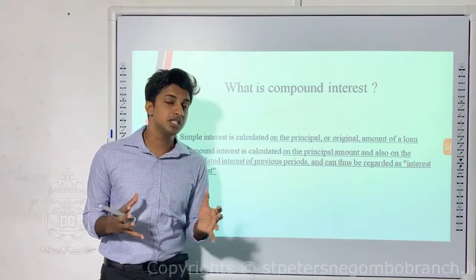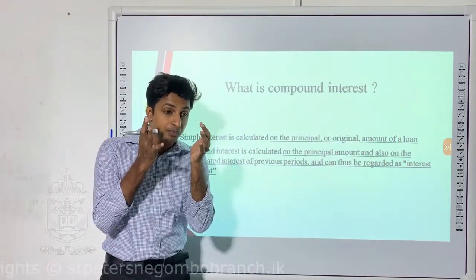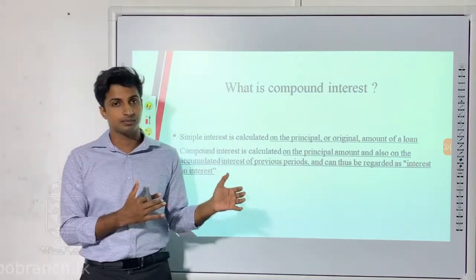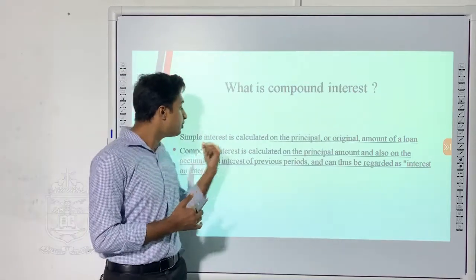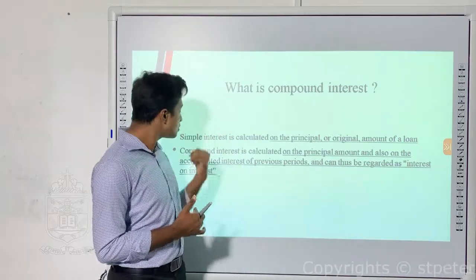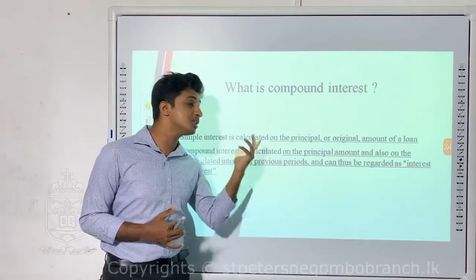But what happens is this interest is charged on the amount that is already in the deposited account. That is, compound interest is calculated on the principal amount and also on the accumulated interest of previous periods.